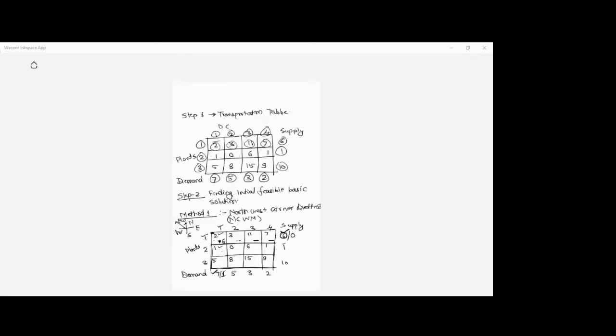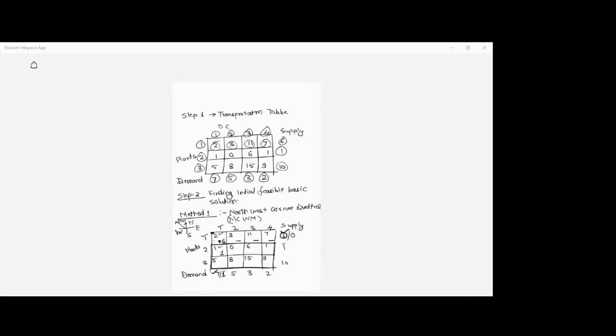So the maximum value that I can allocate here is not more than 1, right? If I allocate value 2 here, the supplied value will be exceeding the plant capacity, which is not right. So the maximum value that I can allocate here is 1.